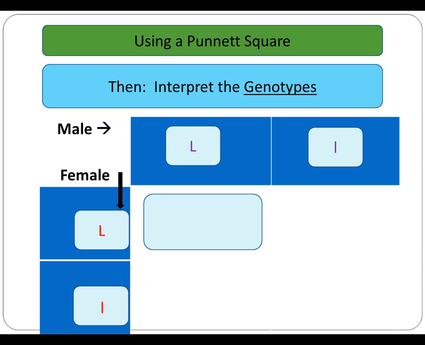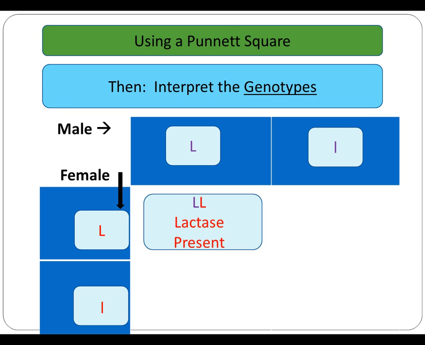So in the first box, or the first offspring, where there is a dominant allele from each parent, what would the phenotype be? Homozygous dominant, and the gene lactase is present, it's expressed.